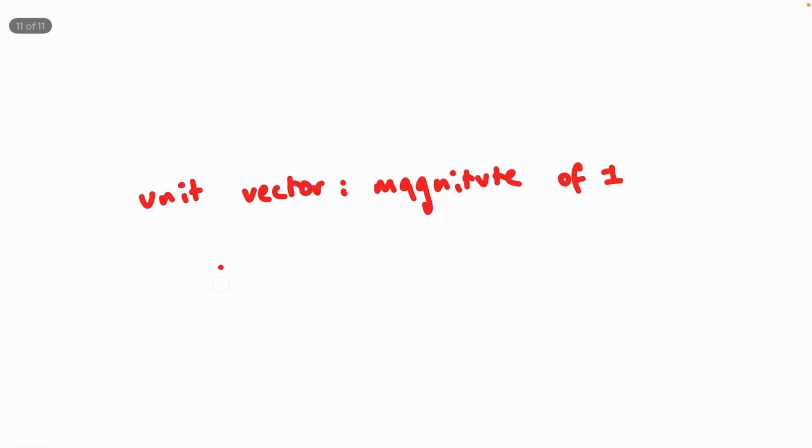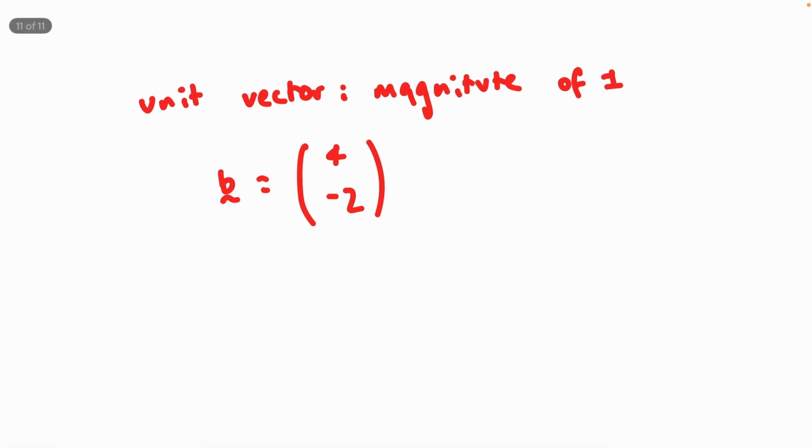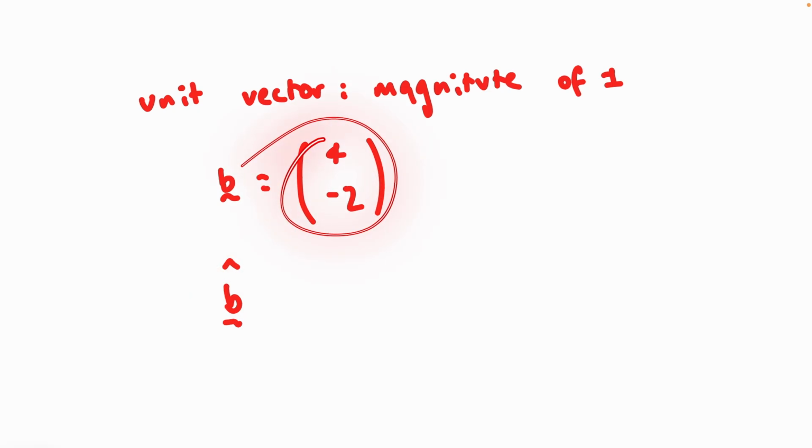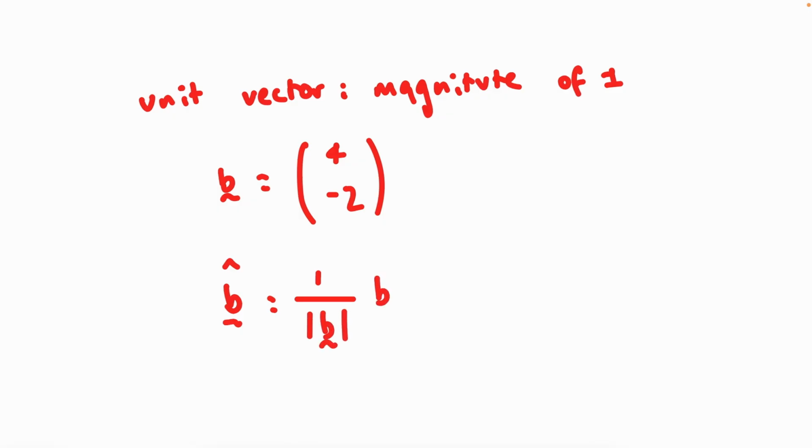So for example, if I have vector b equal to, let's say, 4 and negative 2, I want to work out a vector b hat. This symbol denotes a unit vector. I want to work out a vector that's still parallel to this vector, i.e. it's a scalar multiple of this vector, but has a magnitude of 1. Well, the way I do that is I simply do 1 over the magnitude of the original vector, and then the vector.